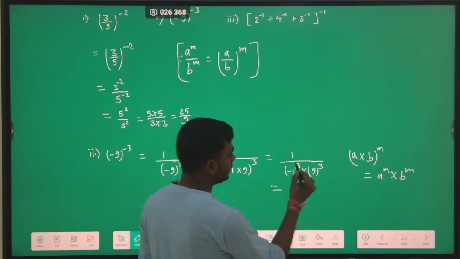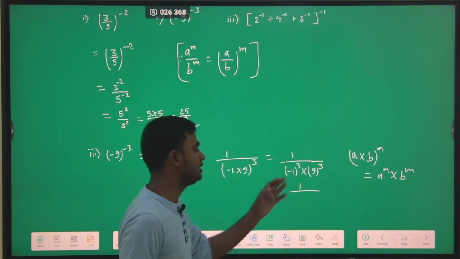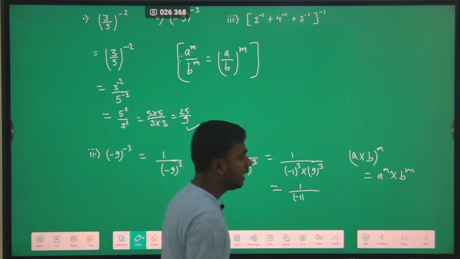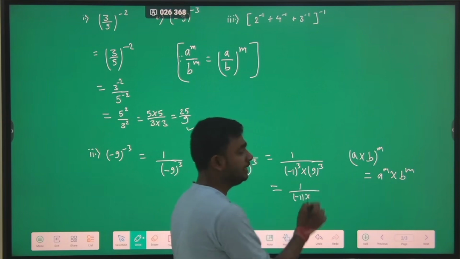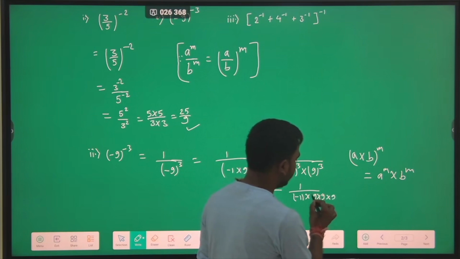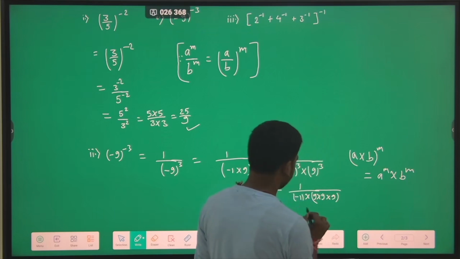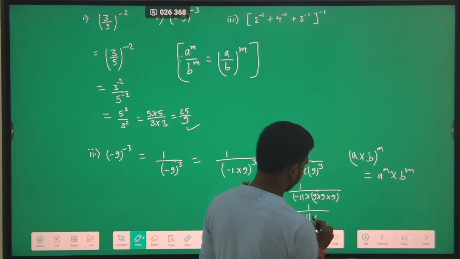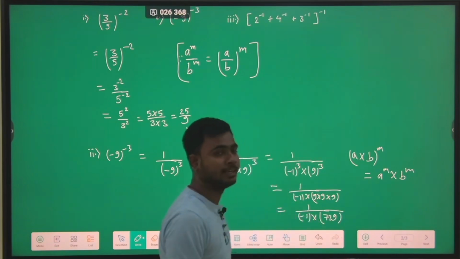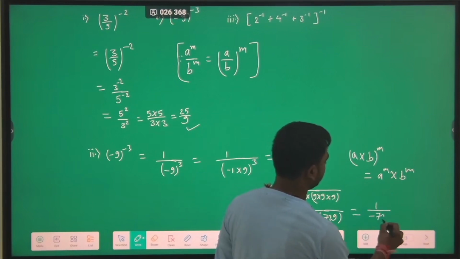Now this will be 1 divided upon minus 1 to the power 3, that is minus 1 to the power odd number will always be minus 1, and 9 to the power 3 means 9 into 9 into 9. So 9 nines are 81. 81 multiplied with 9 will be 729. So it is 1 upon minus 729.